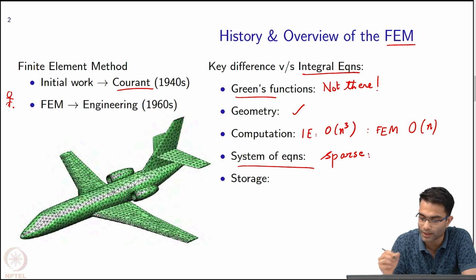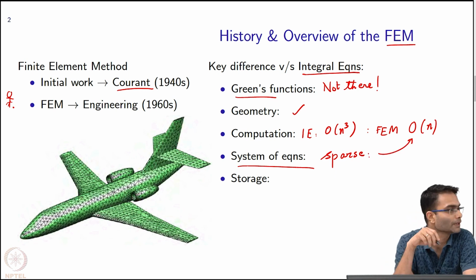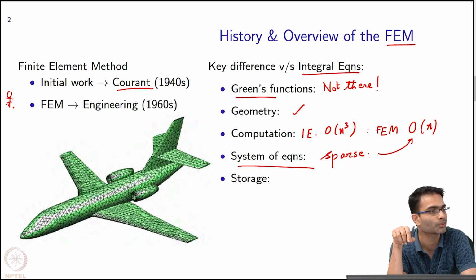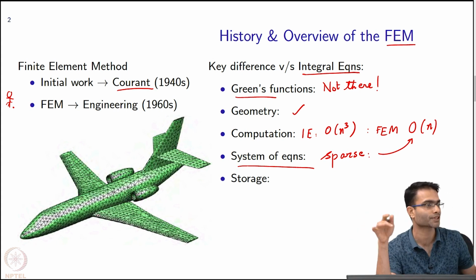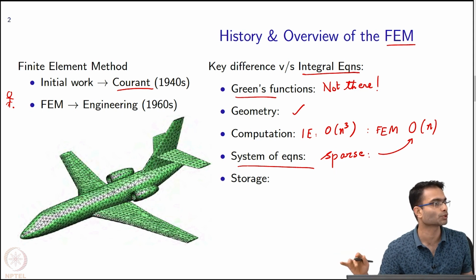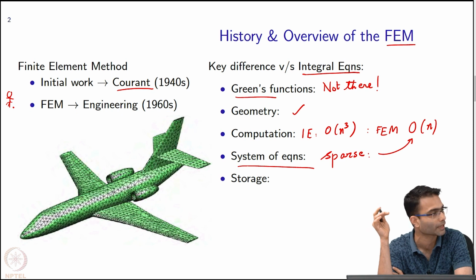So this sparse system of equations is what allows you to get this order n. It also tells you that if I wanted to simulate and solve for a real life, very complicated aircraft or ship, integral equation methods are just impossible to work with because they take so much time, order n cube versus order n.